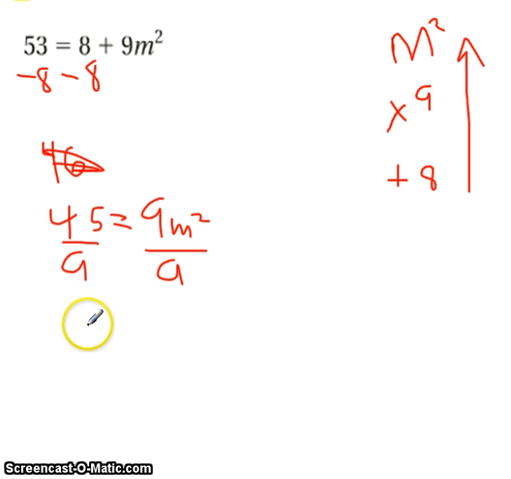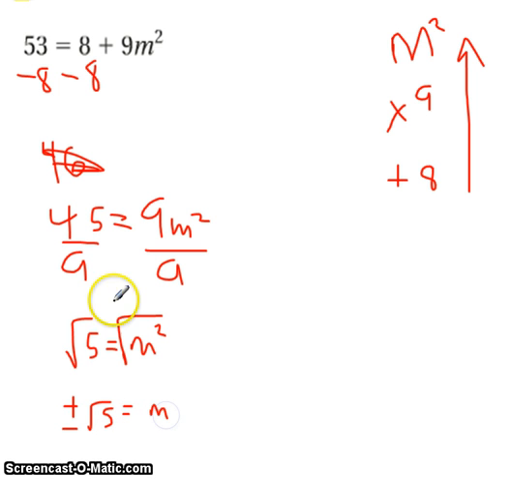Let's see, that's going to leave me with 5 equals m squared. And to undo the m to the second power, I will now square root both sides, not forgetting the plus or minus radical 5 equals m. And I would stop with that.